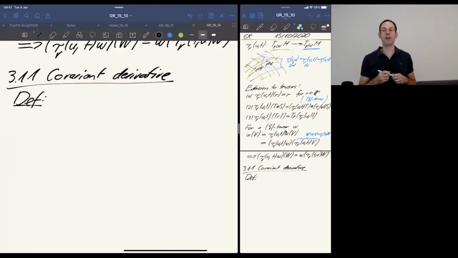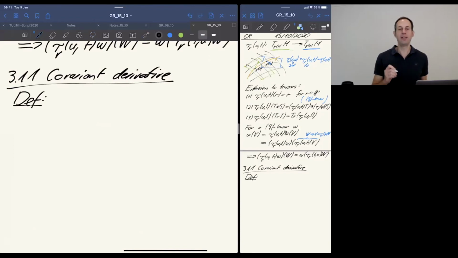So for example, if you ask later, and we will look at that, what do Maxwell's equations look like in curved space-time? Of course, in Maxwell's equations, there are derivatives. You take the derivatives of the electromagnetic field. You probably already know that in space-time this is a field tensor, but you take a derivative.